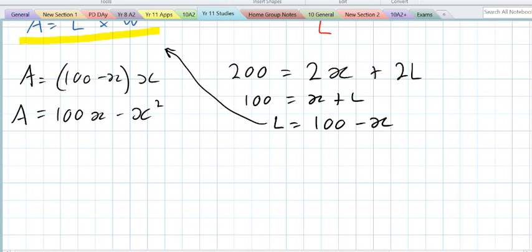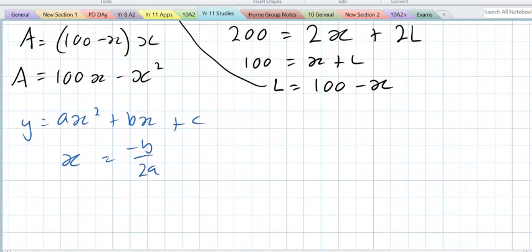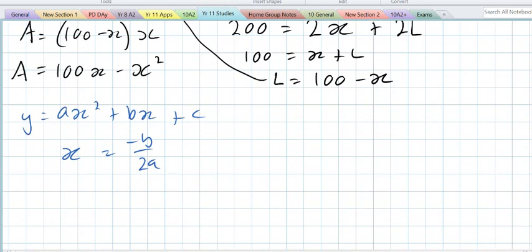We want our equation in the form ax squared plus bx plus c, so that when we find the turning point or the vertex, we can say that x is equal to minus b on 2a. So we can rearrange that formula to give us minus x squared plus 100x plus 0, c is 0.